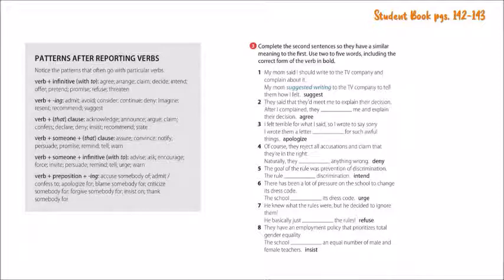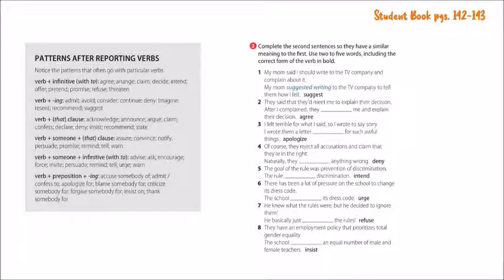In this case, we have agree, arrange, claim, decide, intend, offer, pretend, promise, refuse, and threaten. For example, agree. I agree to clean my room. I arranged to visit my family. I claimed to have visited the museum, right? Or I decided to buy a television.